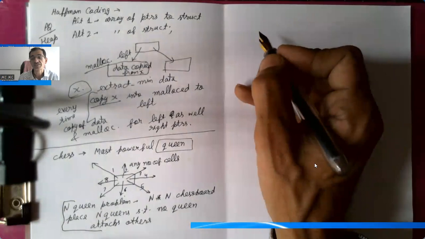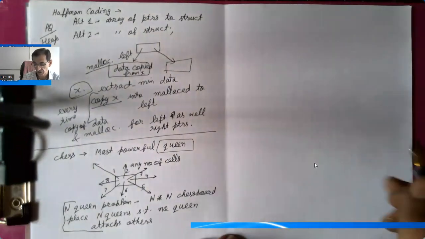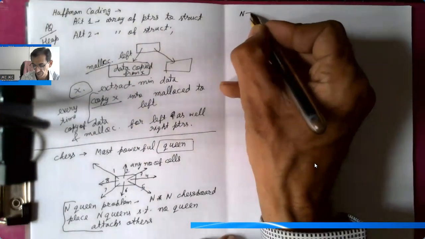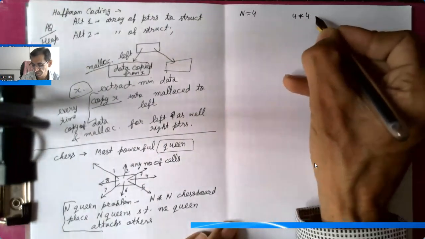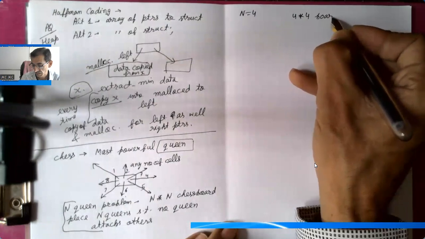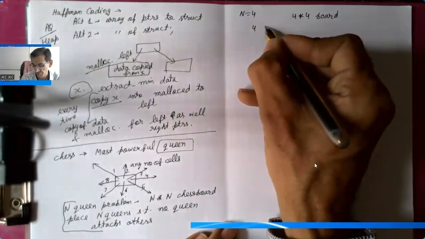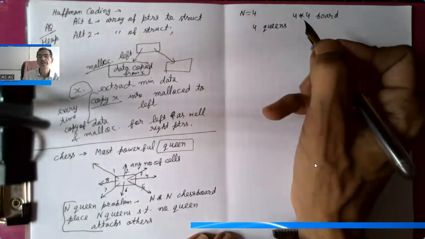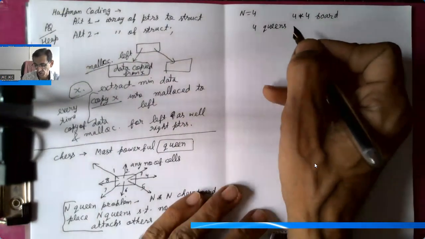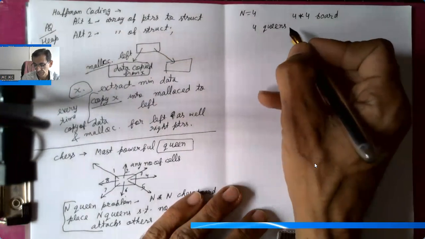Obviously, now let's take an example and we will be able to understand it. Let's assume n equal to 4. So there is a 4 into 4 chessboard, and 4 queens to be placed. What can be the solution? Obviously, I have to make the placing.